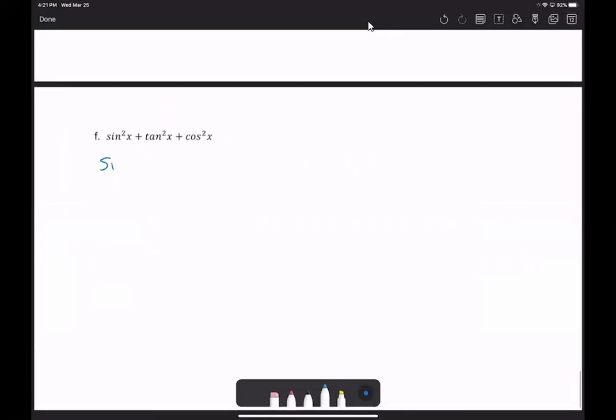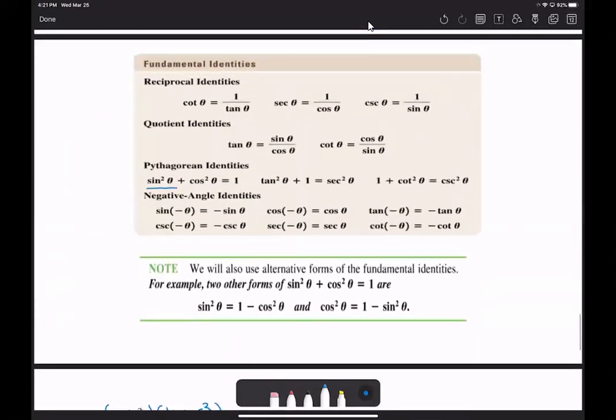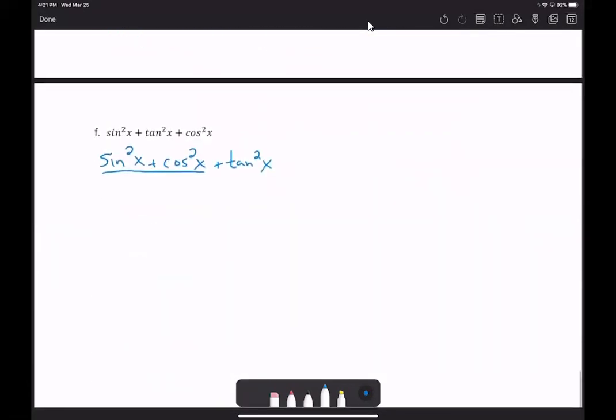I'm noticing something here: sine squared x plus cosine squared x plus tan squared x. I am noticing this as a Pythagorean identity. If you look back at the identities, sine squared theta plus cosine squared theta is 1. So I can replace this with 1.